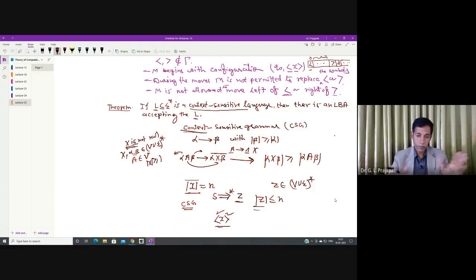You don't require extra regions for that, and that's why we need two extra tape symbols to bound the region, and hence this is the linear bounded automaton. So for any context sensitive language, you have some linear bounded automaton.